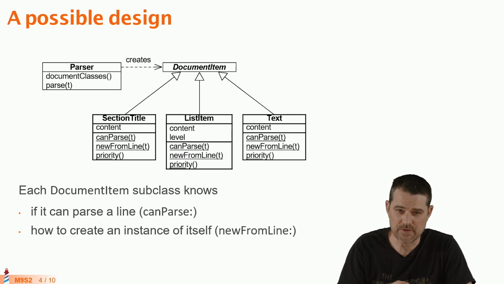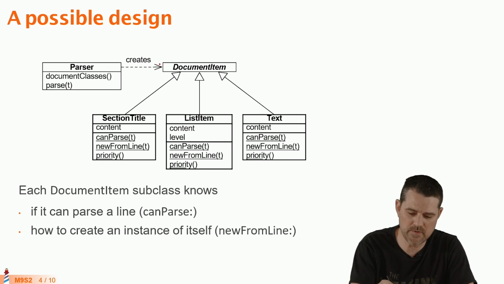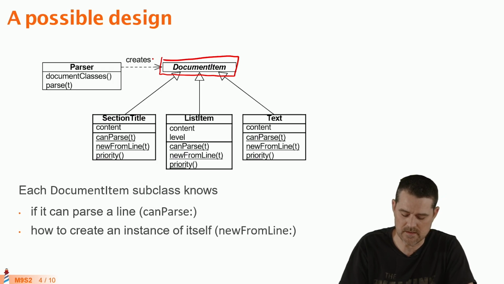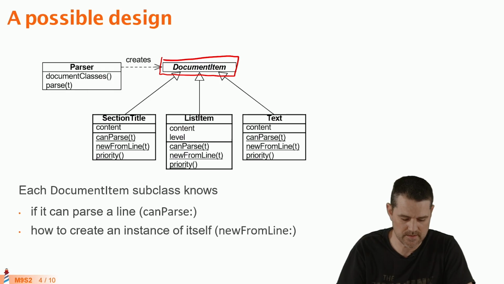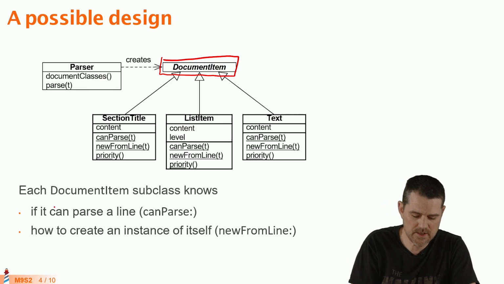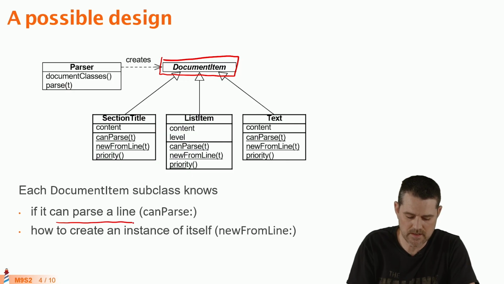Here we have a design of this system. We have a parser class and a superclass, document item, with subclasses that represent the node elements of the text that we want to parse. The interesting point is that in this design, each document item subclass knows if it can parse a line.